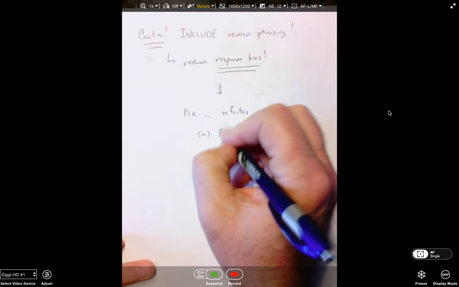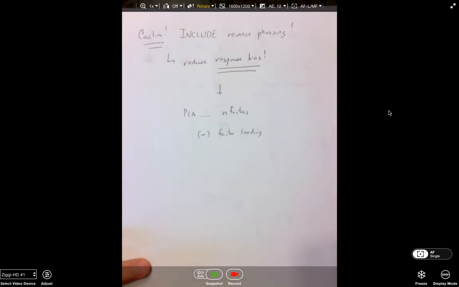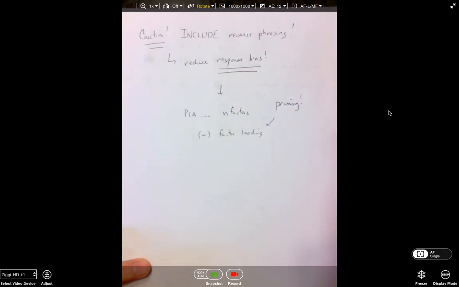Any negative factor loading that's primary, and I'll point this out in the example in just a second, will indicate to you that you have an issue of reverse phrasing, and you need to take care of that before you run any type of Cronbach's alpha, because of the impact that it's going to have on the averages of the covariances.